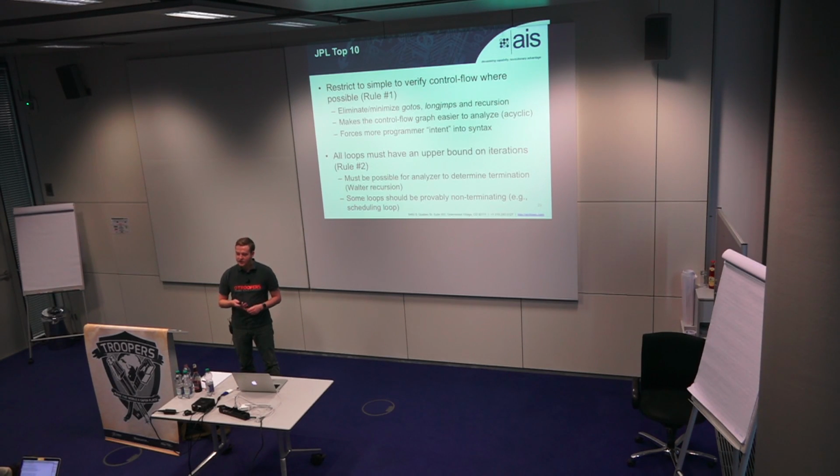Even if you have bounded recursion, you're going to run into issues where you have cycles in your control flow graph, which makes it much more difficult to verify, similar to that PDF parser where you could have loops. And also this way you have to put more intent into your syntax. So go back to that email address parser. If you had said, I'm just going to loop through this using a for each or a for loop based on the length, it's a little bit easier for a verification tool to understand what you're doing, because it's based on the length rather than a while 1 that breaks on some other unrelated variable.